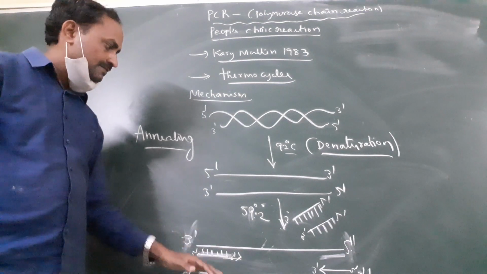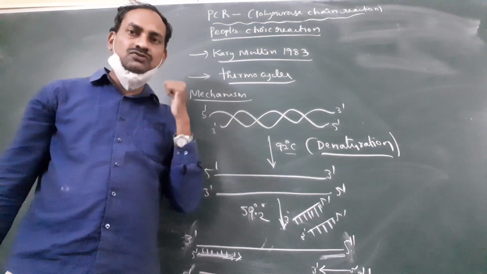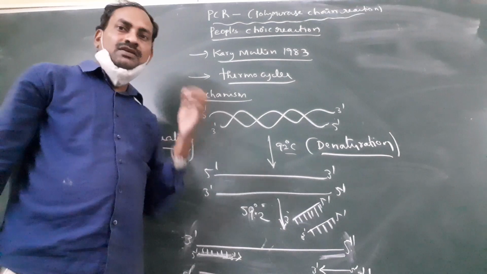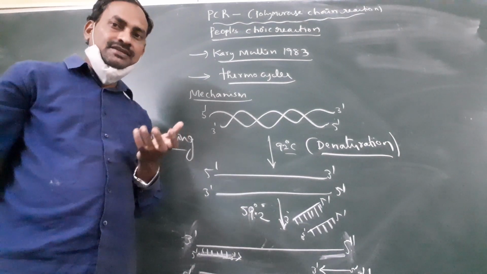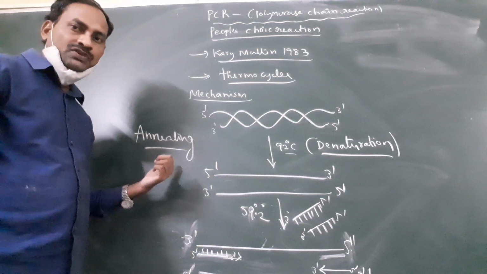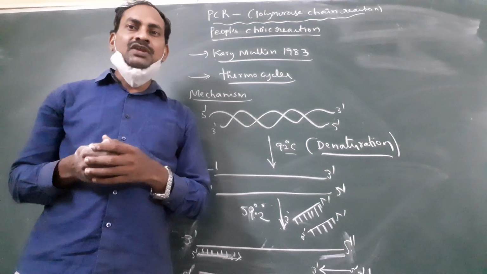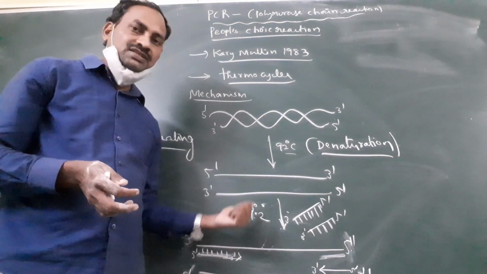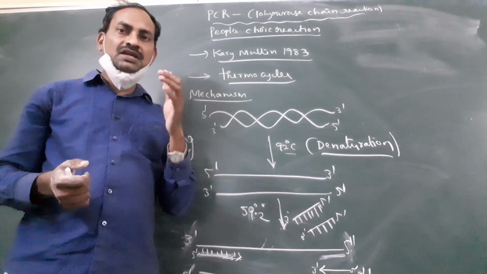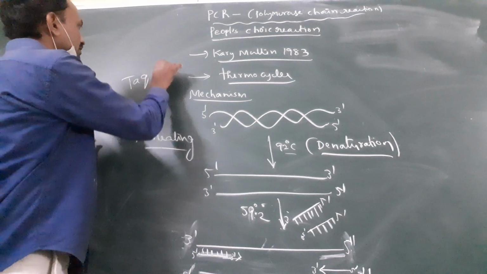After that, we have to add DNA polymerase, which should be thermostable. That means it has to withstand higher temperatures. Normal DNA polymerases cannot withstand higher temperatures. So for this process we generally use Taq DNA polymerase.